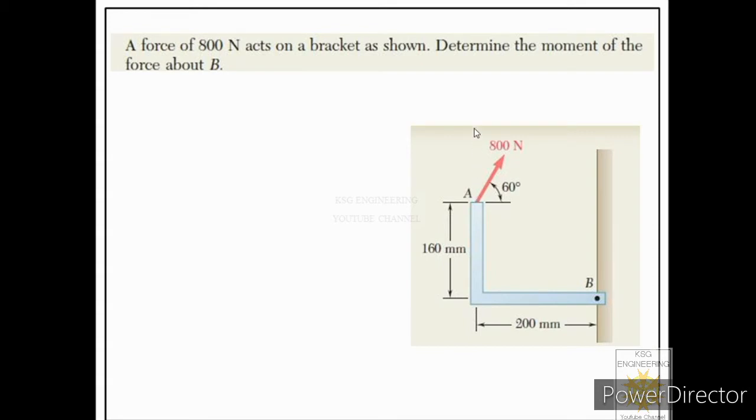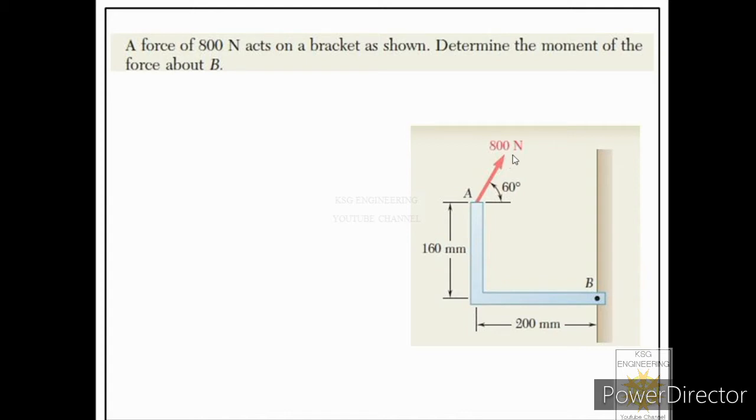Then we will first find moment because of this horizontal component about point B by using this moment arm. Then we will find moment because of this vertical component about point B by using this moment arm. Then we will add those two moments to get the moment of this particular force. So this is what we have learned under Varignon's theorem.